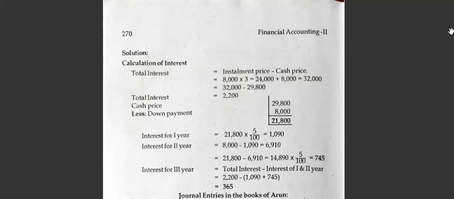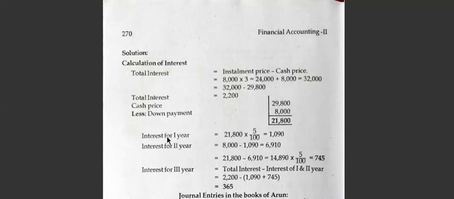So this is the first method. In that situation, how to calculate? Here, installment price minus cash price, you will get the total interest, that is 8,000 into 3, 24,000 plus down payment 8,000, so total is 32,000, minus cash price 29,800, so what is the total interest?